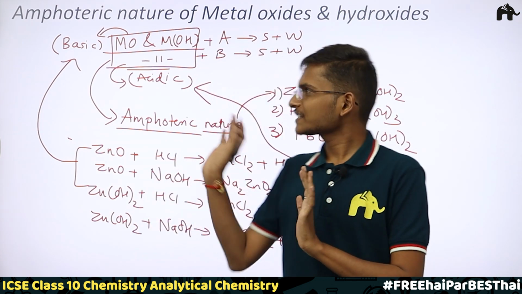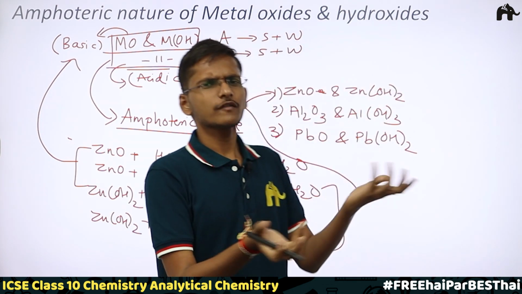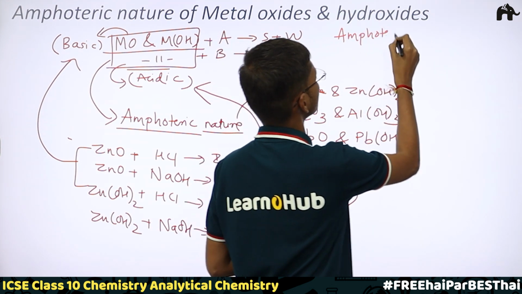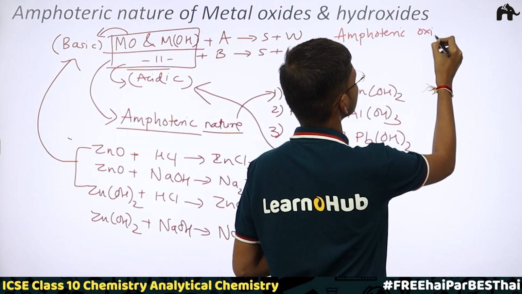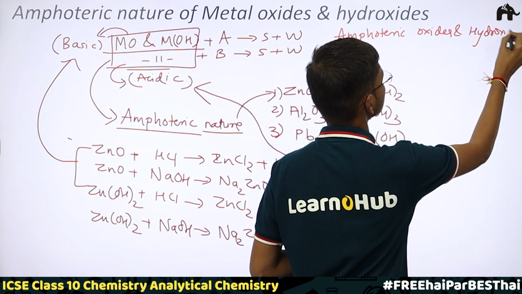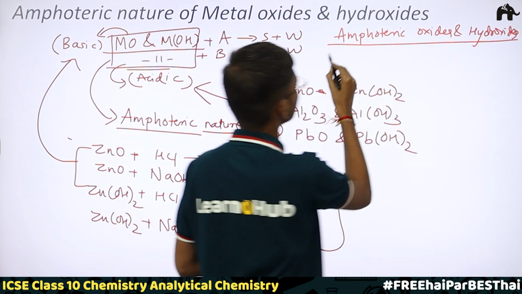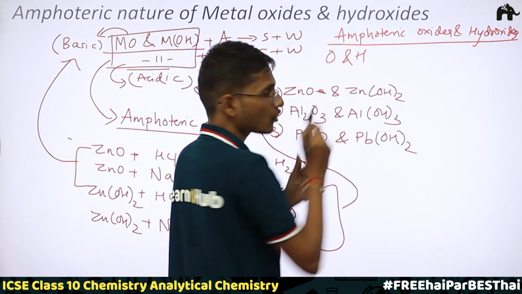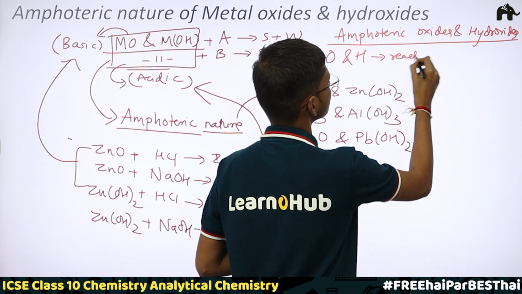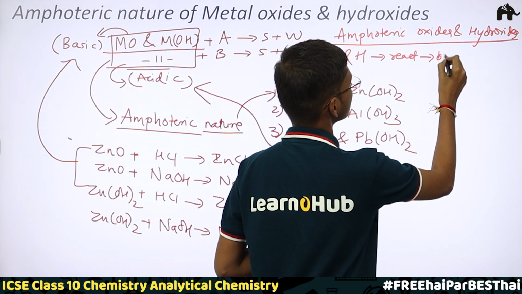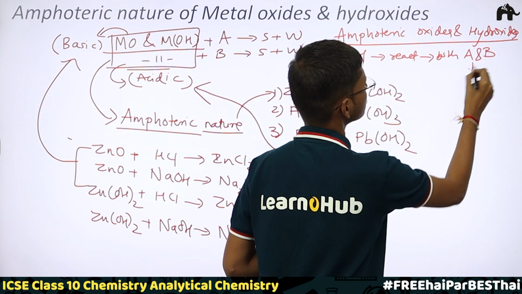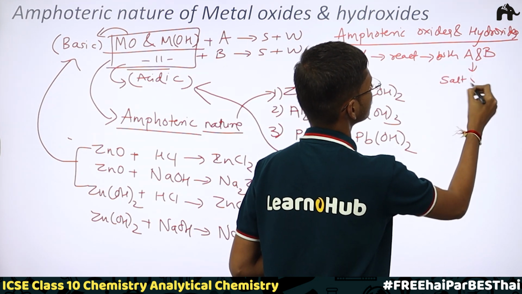And the one last thing about this concept is the definition of amphoteric oxides and amphoteric hydroxides. They are simply the oxides and hydroxides which react with both acids and bases to form salt and water.